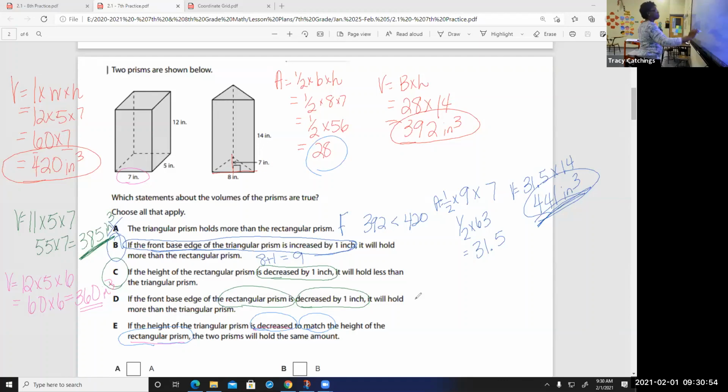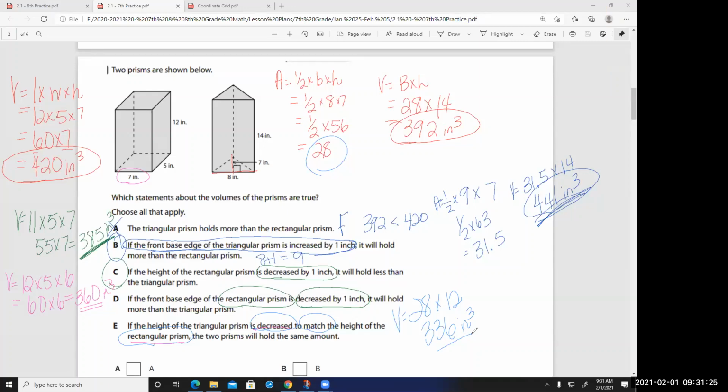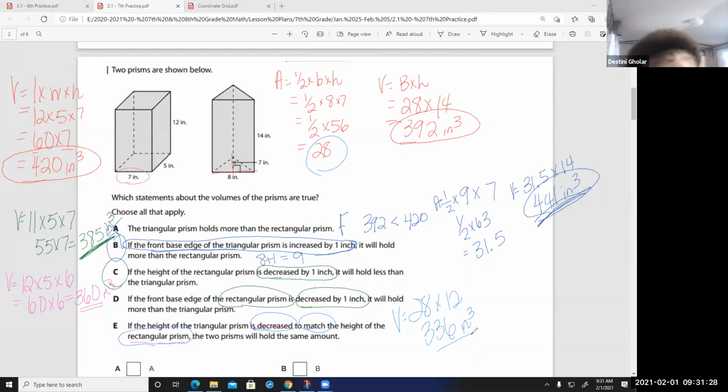So now we have 28 times 12. 336. Will they hold the same amount? Is 336 the same as 420? No. Correct answer we should have is B and C.